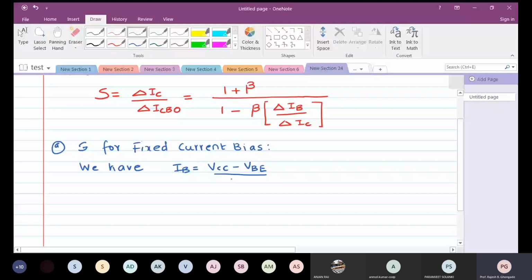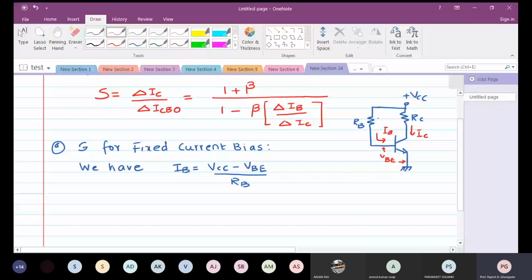If you recollect the circuit for fixed current bias, we had VCC and only one resistor, call this RB. This is RC. This was IC. This was IB. This is VBE.